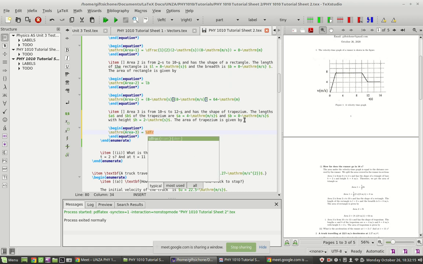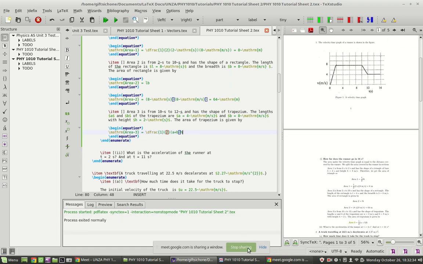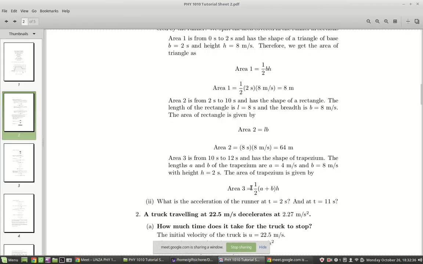How do you find the area of a trapezium? Area equals half, open bracket A plus B close bracket, times the height. Like that.